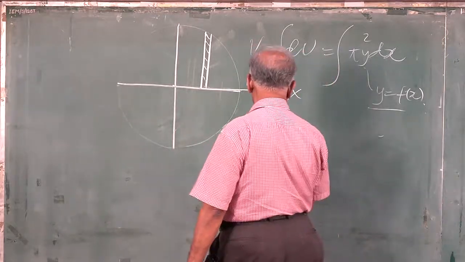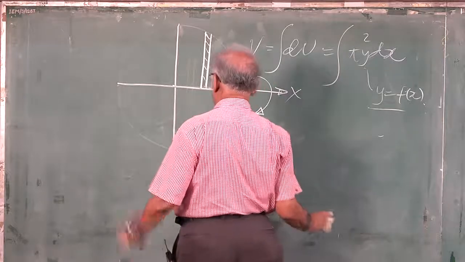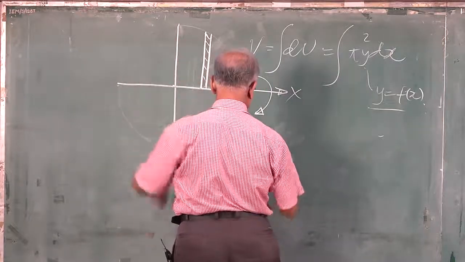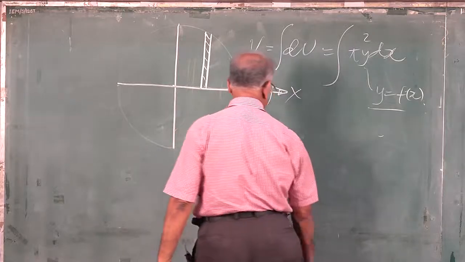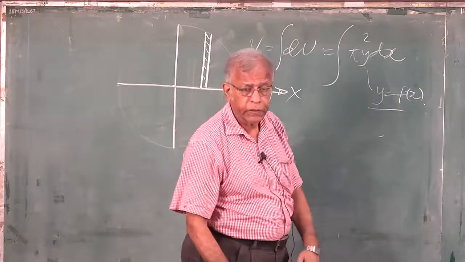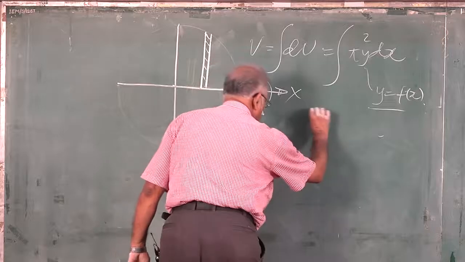So what we do is, our required volume V required is 2 times the volume of a hemisphere.